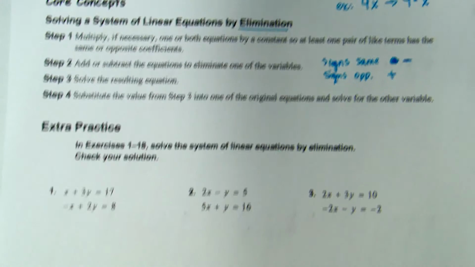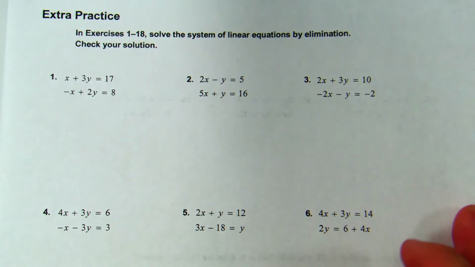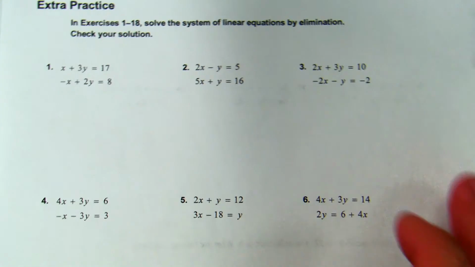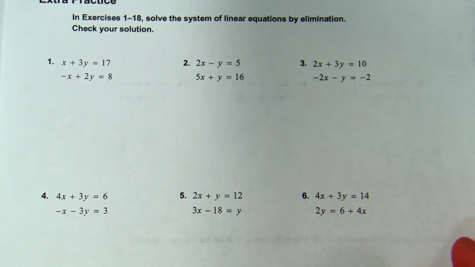Let's look at the extra practice, number 1. If you look here, can you see in the two equations that there is a coefficient in front of one of the variables that's the same with opposite signs? Is it x or y that has the same coefficient? It's x.